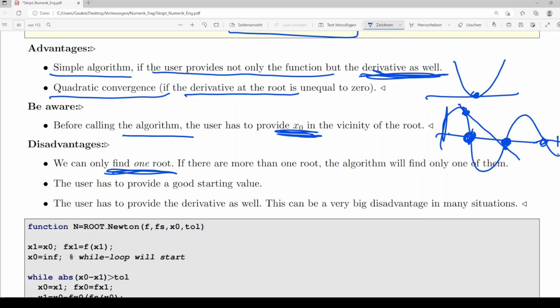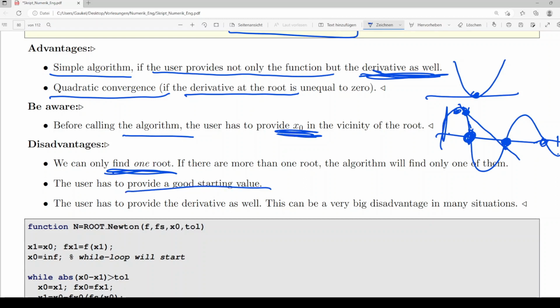We can play around with different initial starting values, but nobody can guarantee if we found 2, if there is a third one, or even a fourth and a fifth one, we will not know. So this is a big disadvantage in reality, and to be honest, our ideas following all will lack the capability of finding all roots. Unfortunately, this is a very unsatisfying situation, but this is the truth.